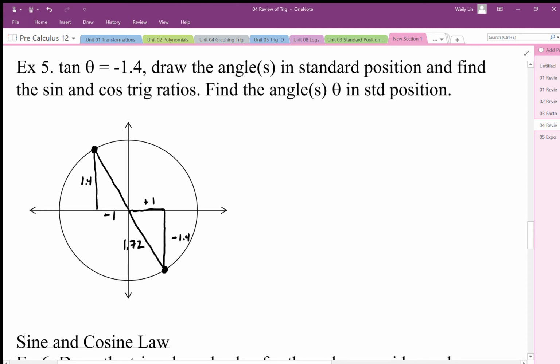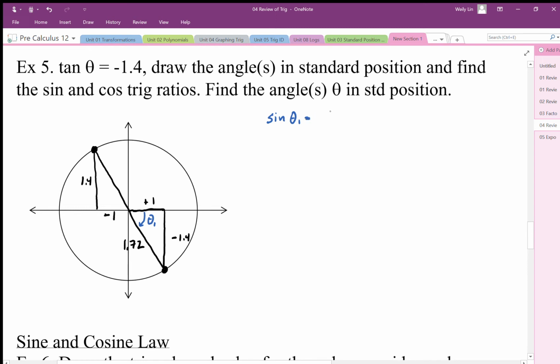So if I want to find the sine and cos ratios, the sine ratio goes with the y coordinate. There are two of them, and I'm going to call one theta 1. Maybe I'll color code these a little bit. I'll do this one in blue. So I'll call this one sine theta 1, and theta 1 is going to be this angle down in quadrant 4.